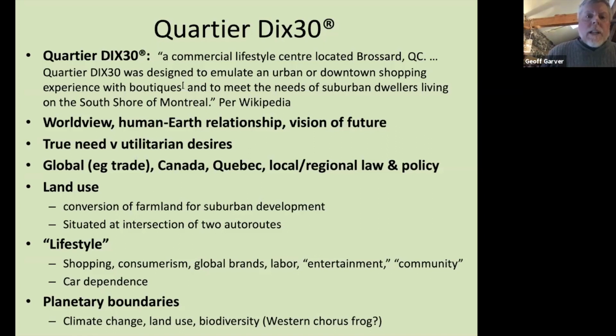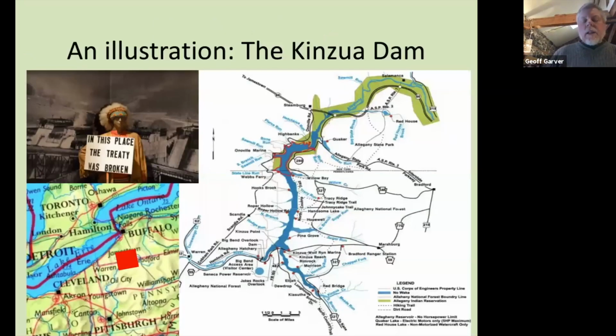I'm going to include in my PowerPoint, which we'll make available on the EL&G website, another example that came to me, which is the Kinzua Dam, which is near where I grew up, south of Buffalo, New York.